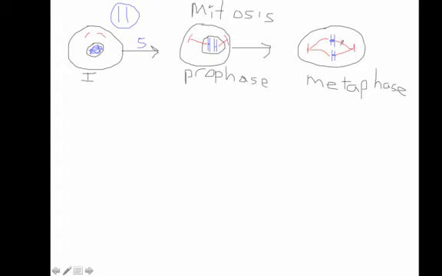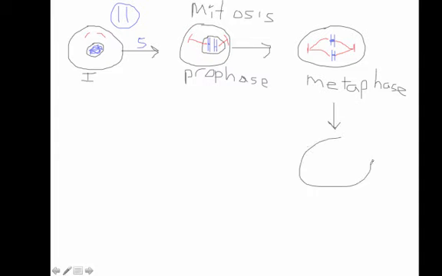The spindles have attached themselves from the centrosome to the chromosome at the centromere, to just one of the sister chromatids. Essentially what they're doing is they're grabbing hold onto it, and we're going to see in the next phase that they're going to begin to pull those sister chromatids apart. So let's talk about that next.